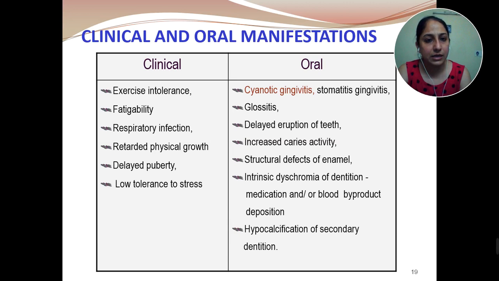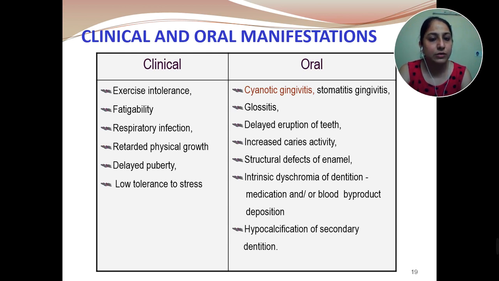Now, the various clinical and oral manifestations of congenital heart disease include, clinically, exercise intolerance, fatigability, respiratory infections, retarded physical growth, delayed puberty and low tolerance to stress. So these children are unable to play for a very long duration and get tired very easily, which could be an alarming factor if noticed.